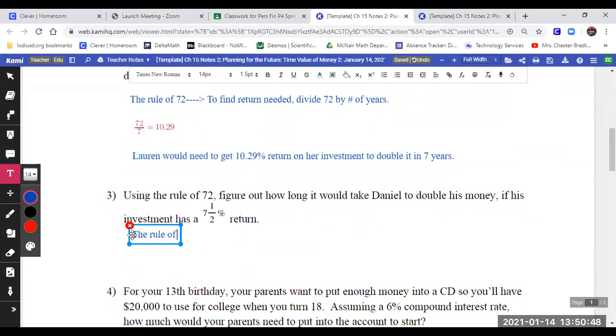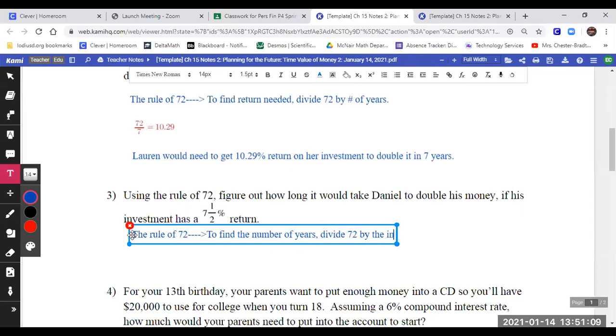So the rule of 72: to find the number of years, divide 72 by the interest number, not as a decimal, the actual interest number, and always round up. Okay, always round up.